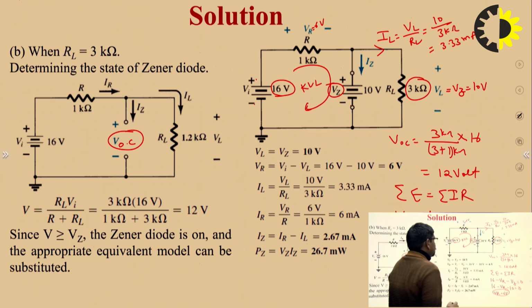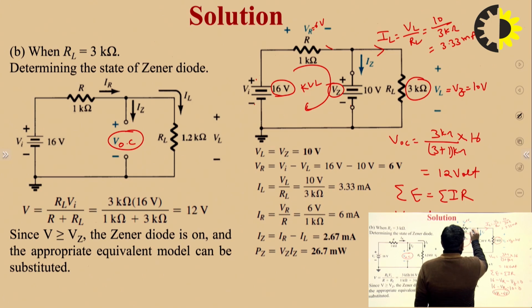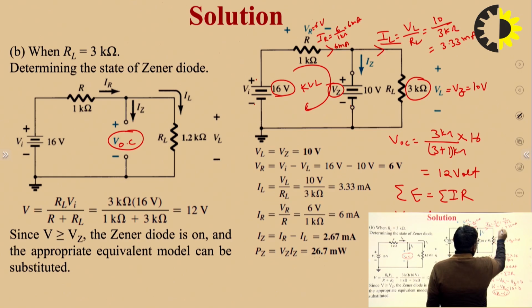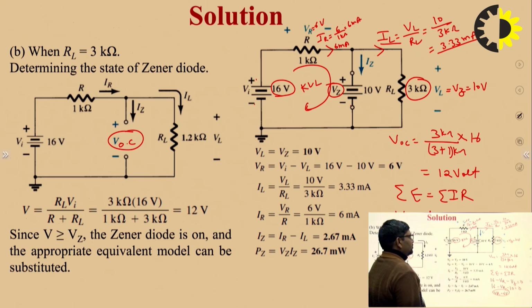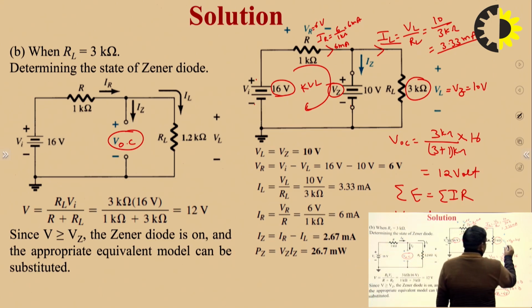So this one is 6 volt, and how much current flows here? I is equal to V upon R, which is 6 volt upon 1 kilo ohm. This one is 6 milliampere. So 6 milliampere flows here, and IL is fixed here at 3.33, because this circuit acts as a voltage regulator circuit which fixes the voltage at 10 volt.